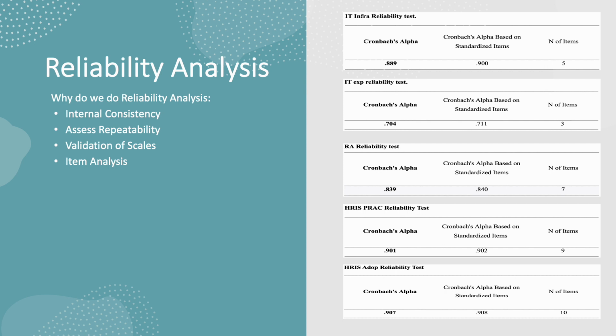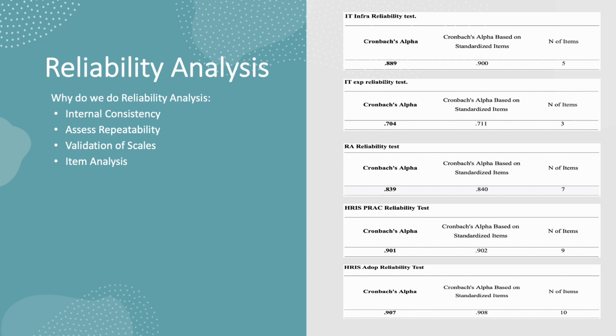If we are developing a new scale or modifying an existing one, reliability analysis can help in validating these scales. A scale that isn't reliable cannot be valid. And finally, item analysis. It allows the person doing the analysis to understand the contribution of each item to the overall reliability of the scale and provides item-specific reliability if each item is deleted.